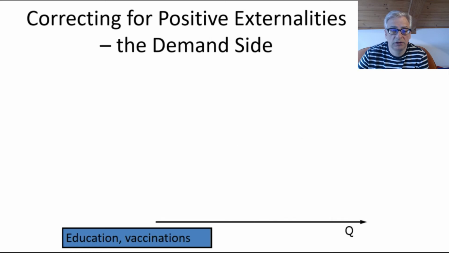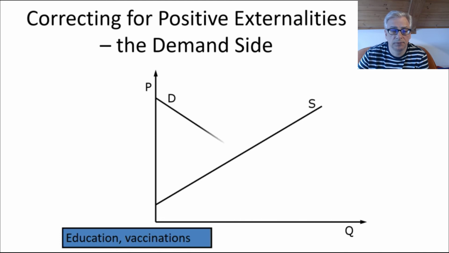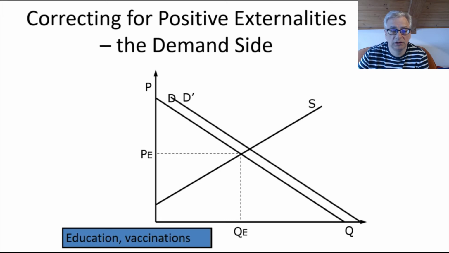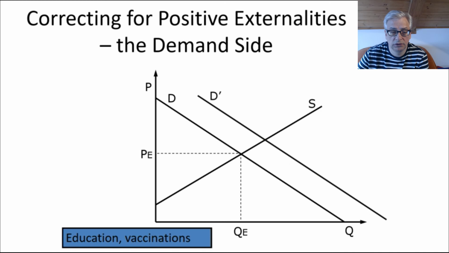Another idea is subsidizing the demand side. So we've got a market again, equilibrium again, and now we subsidize the demand side. That would shift demand to the right, pushing the market into a new equilibrium with greater production and higher price.